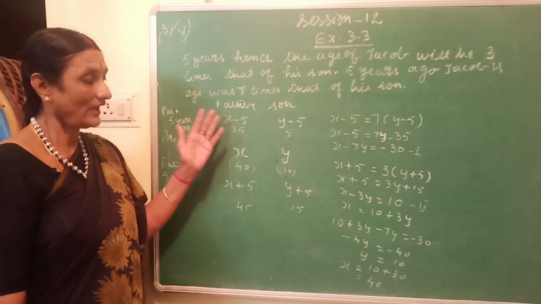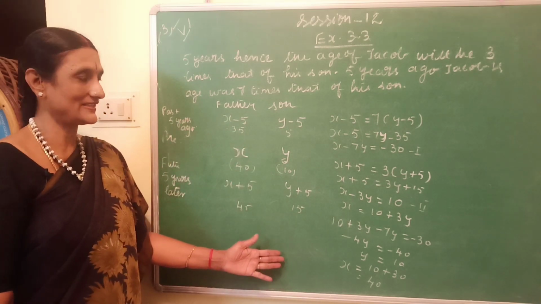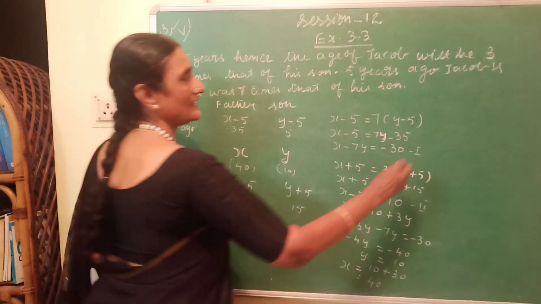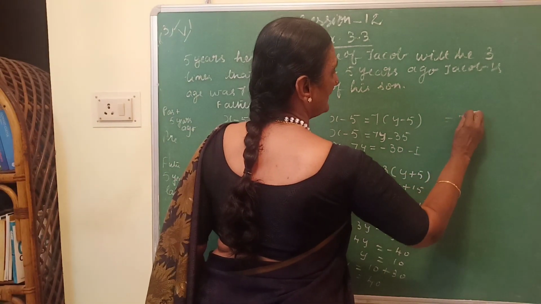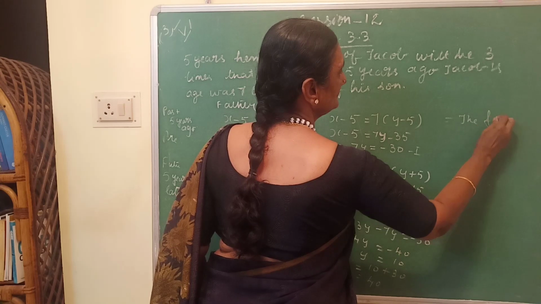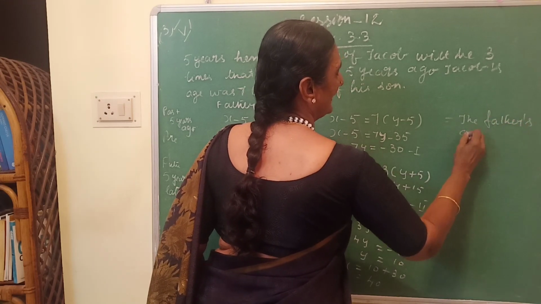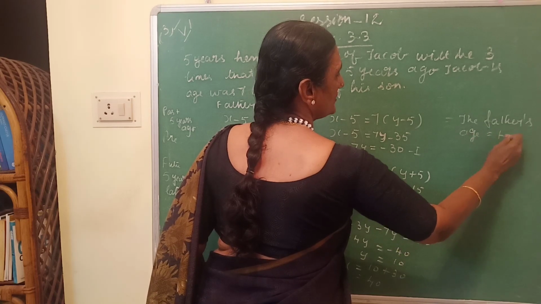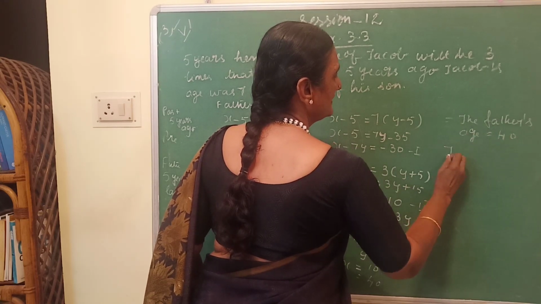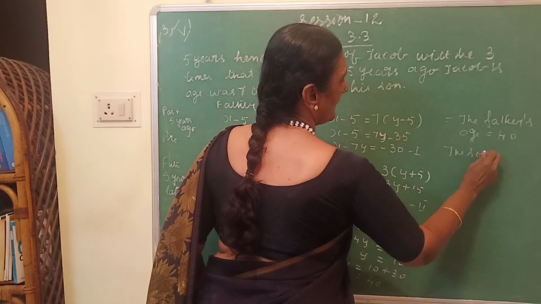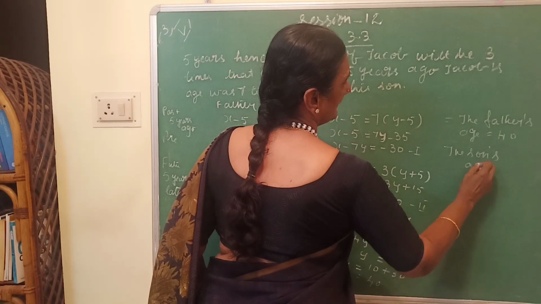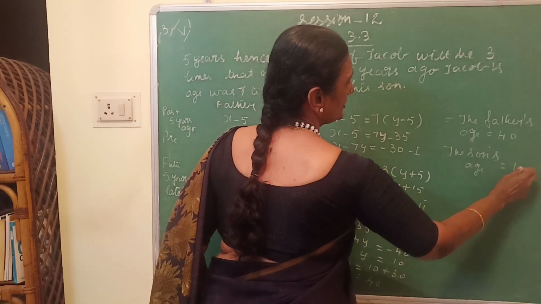Is that clear? Now the answer is not over with this. Finally, what will you write? The father's age is equal to 40, and the son's age is equal to 10.